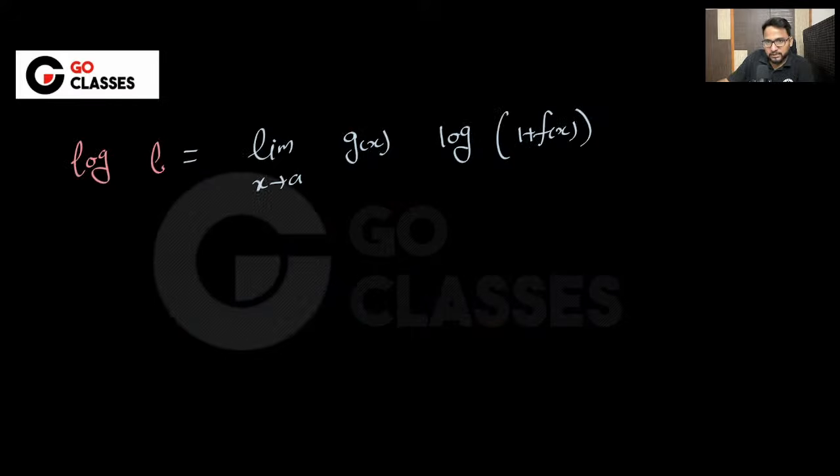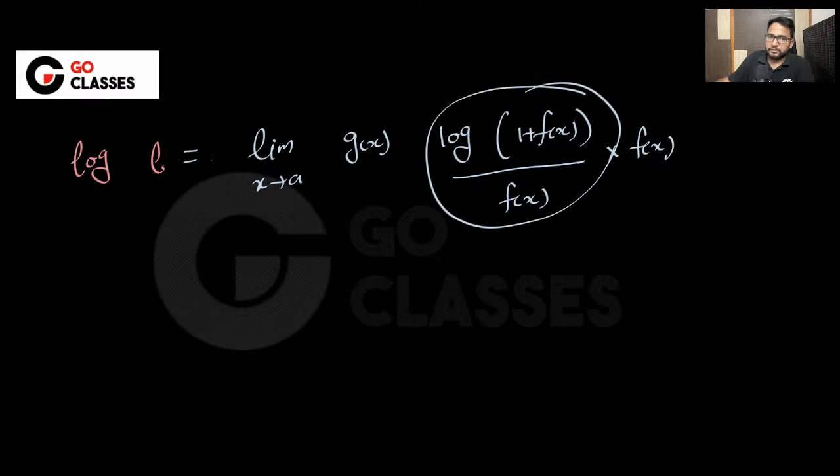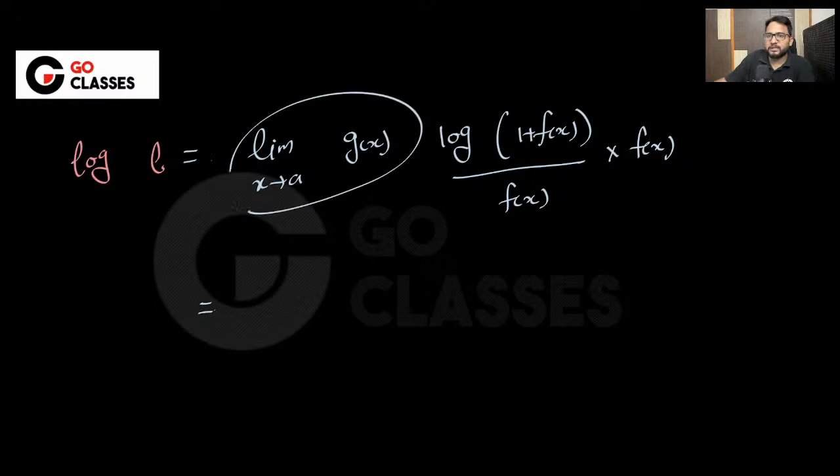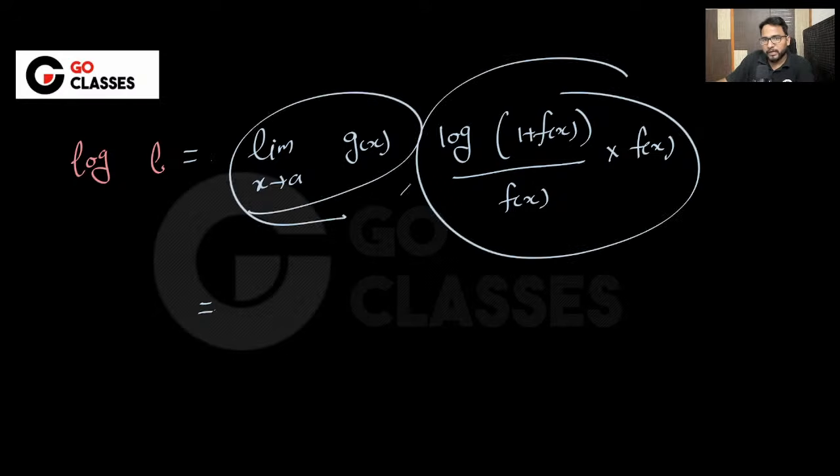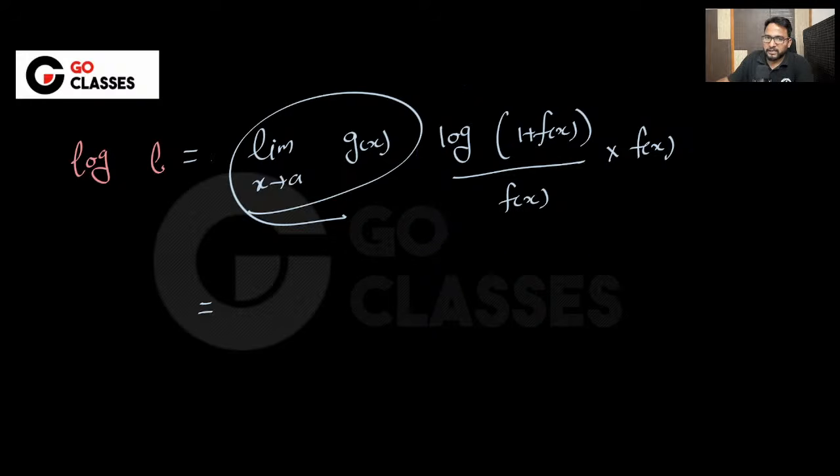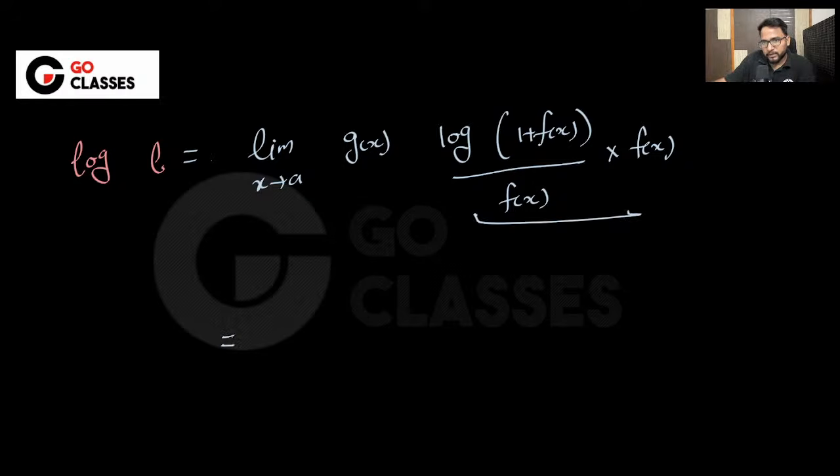So since this is going to 0, you can multiply and divide by f(x). Limit you can take separately, don't worry about taking the limits separately. These two limits are separate. So basically, you can say this quantity is 1, this quantity is 1.